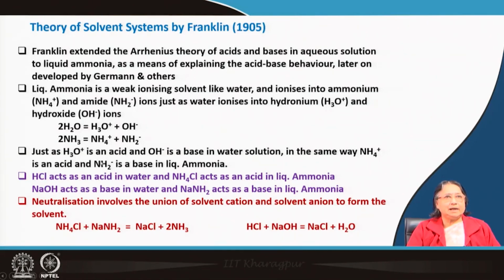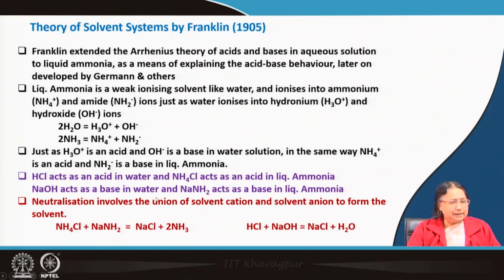He said that something in liquid ammonia which gives ammonium ion is an acid and which gives amide ion is a base, but remember that this is extended in liquid ammonia, and he could explain many things.